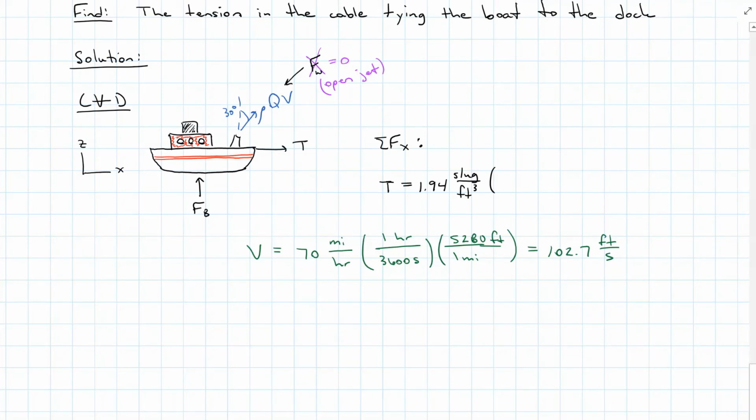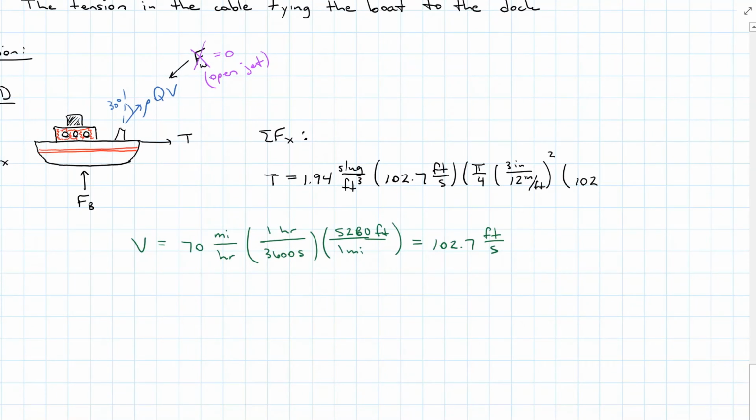So let's plug that in there, 102.7 feet per second. And to get a flow, I need an area. So the outcoming of the jet is going to be times that outgoing velocity, 102.7 feet per second. But I only want the horizontal component, so that is going to be the sine of 30 degrees.